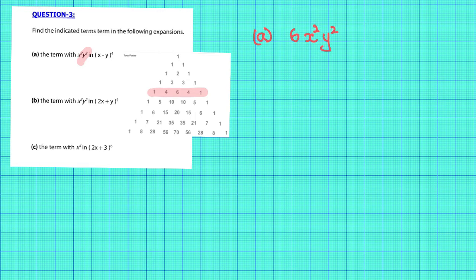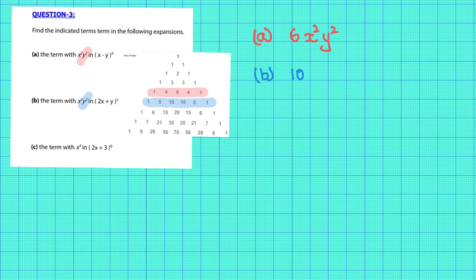B, the term with x cubed y squared in the expansion (2x plus y) to the power of 5. Because n is 5, we want the sixth row of Pascal's triangle. Because y is squared, we want the third number in the row. So we want 10.